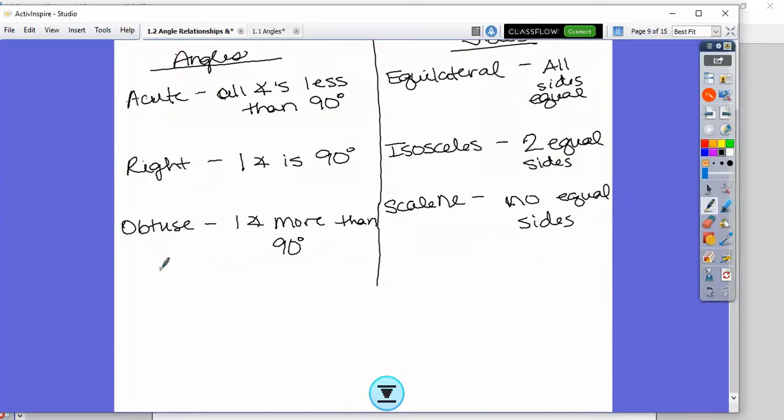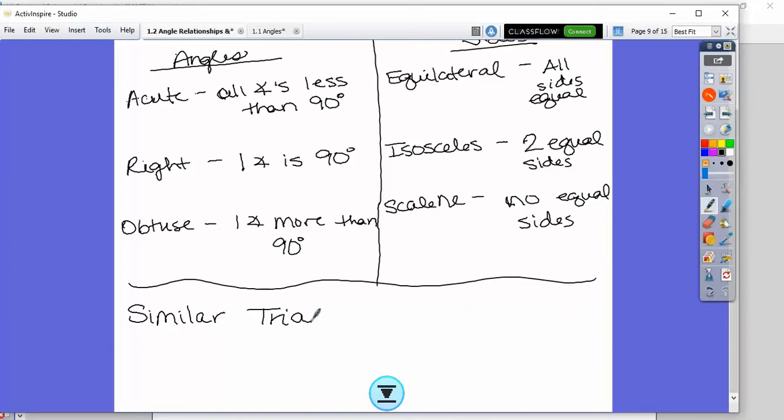Talking about triangles, what are similar triangles? They look all the same. They look the same. What's the same in them? Remember, if they're completely the same, then they would just be congruent.